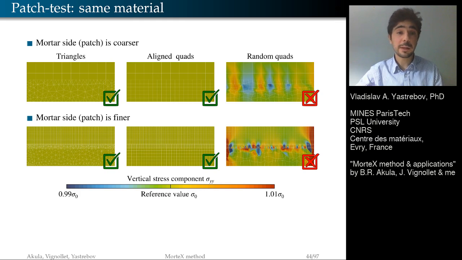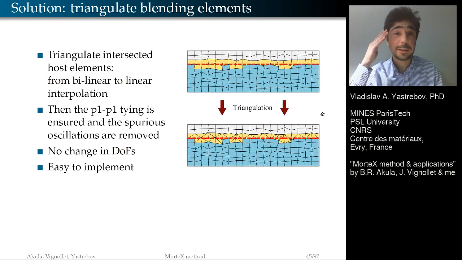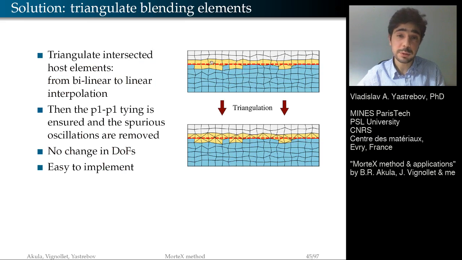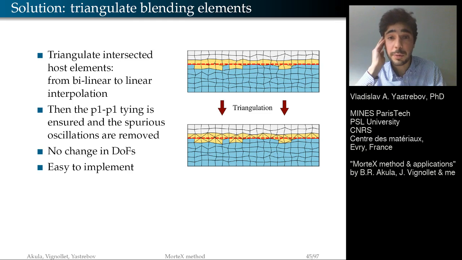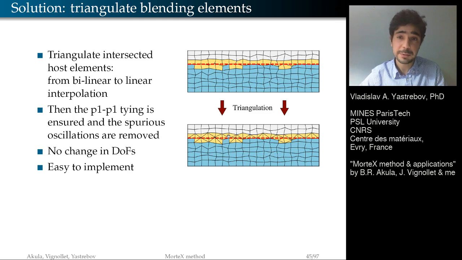And the simplest solution that we found is to simply triangulate these quads in the blending quads in the interface. By dividing every quad into two triangles, we don't change the number of degrees of freedom, and we ensure a P1 to P1 displacement field in the interface.